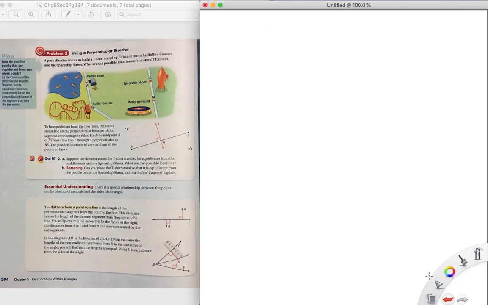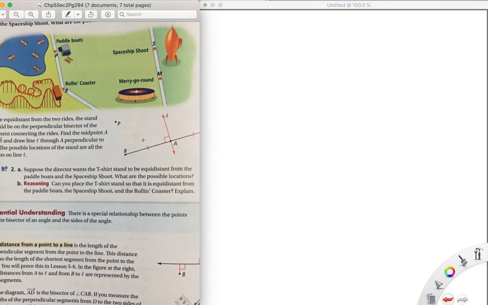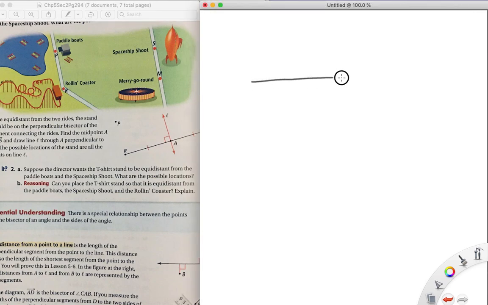Here, some silliness. This is ridiculous. But we have a theme park, and they want paddle boats and spaceships. So we have a paddle boat and a spaceship. And we want to find where I should put the t-shirt stand such that it's equal distance from both.